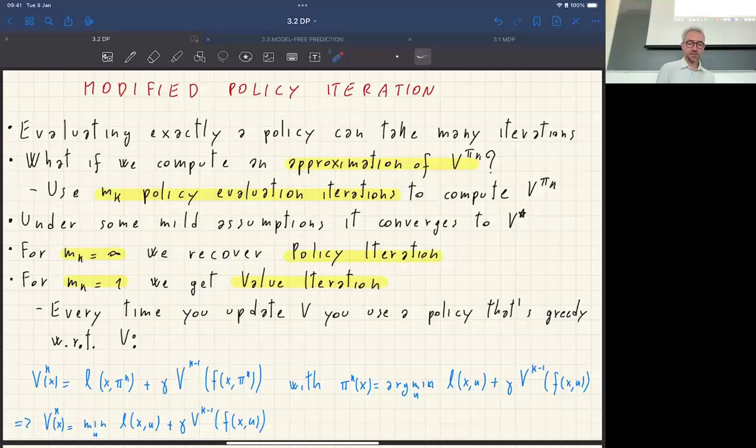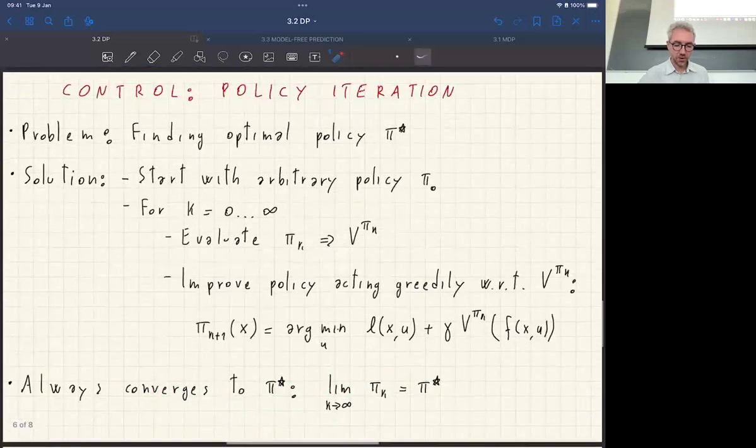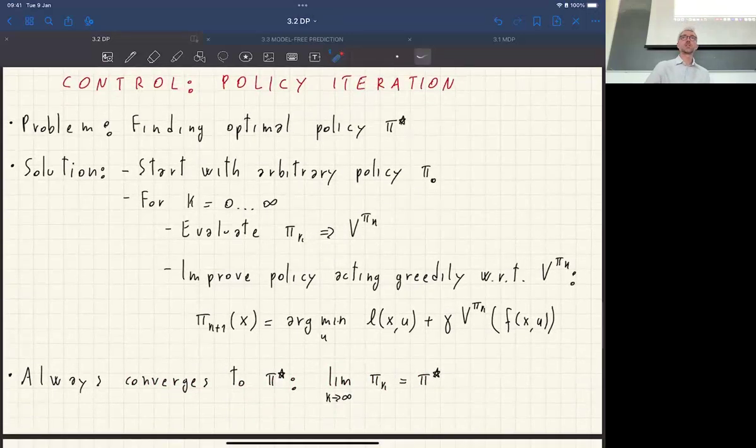And now we can analyze in more detail what happens when m_k is equal to 1. So when you do exactly one iteration of policy evaluation. So we can go back to policy iteration and think a bit about that.